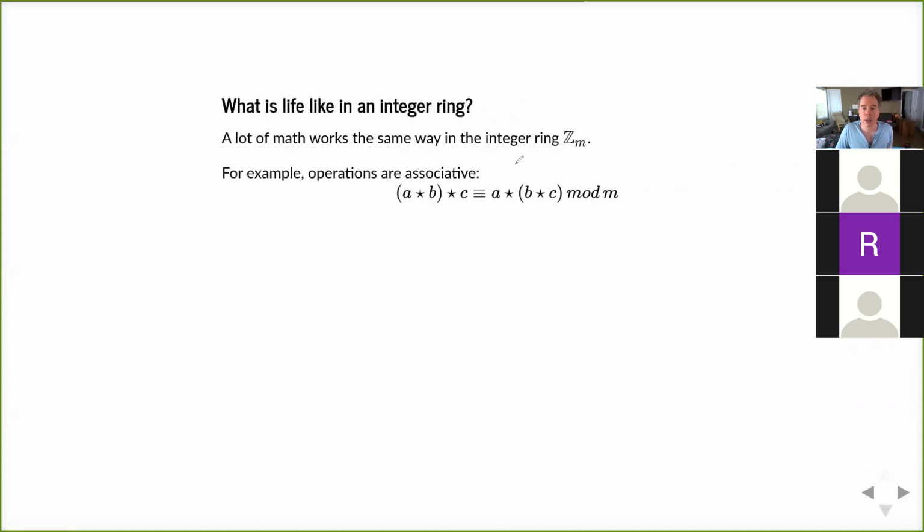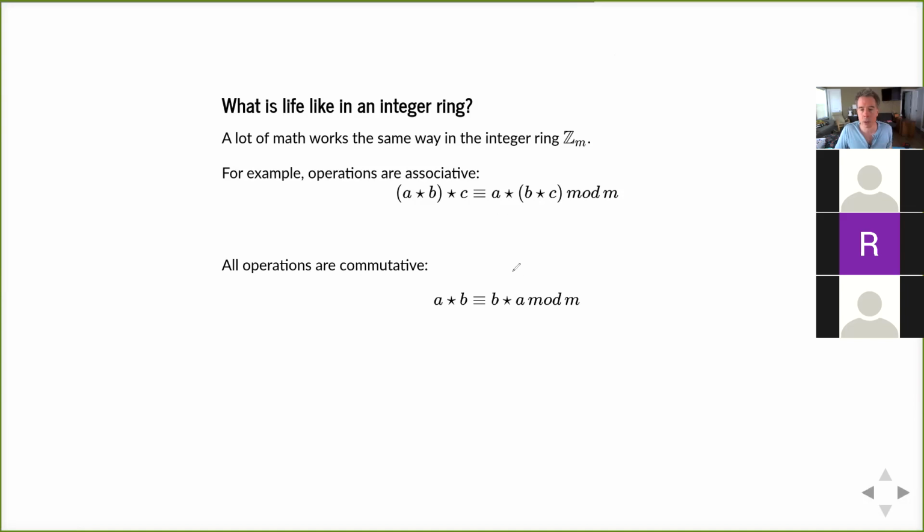Here are the nice properties that the operations will always have in a ring. All operations are associative. Remember what this means: it doesn't matter the order in which you multiply. All operations are commutative, because addition and multiplication are commutative.